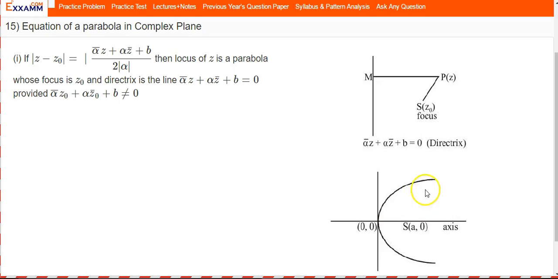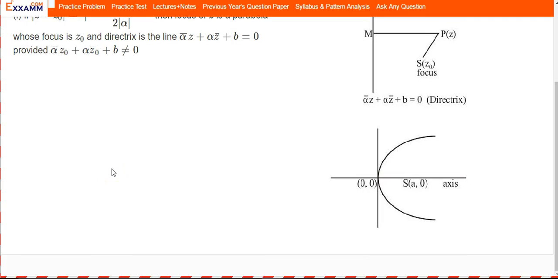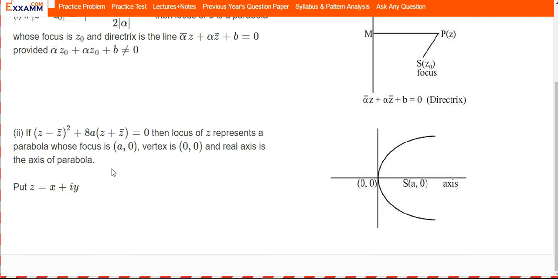Now we know the equation of a parabola which is opening in this direction: y square is equal to 4ax. Now how do we write that equation in the form of z and z bar?